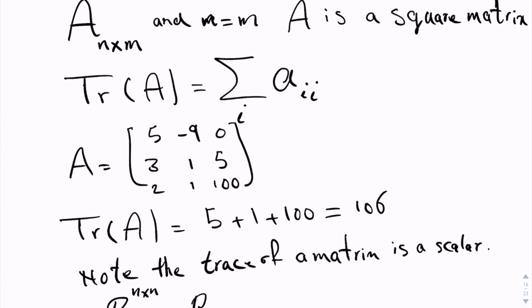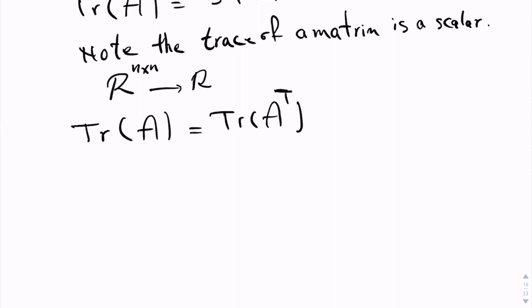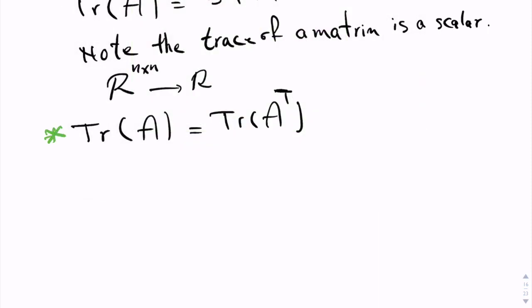The trace of a matrix has some properties. It's very simple to verify that the trace of A is equal to the trace of A transpose. If you transpose a matrix and take the trace, they're equal. Another property is that if you multiply two matrices and take the trace, and swap the multiplication, the trace is also preserved.